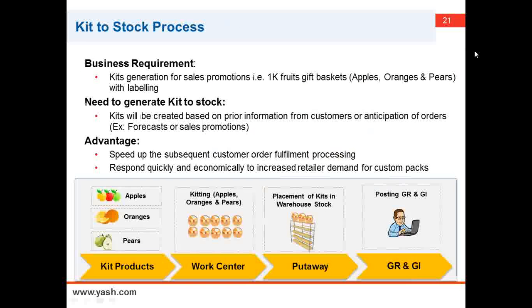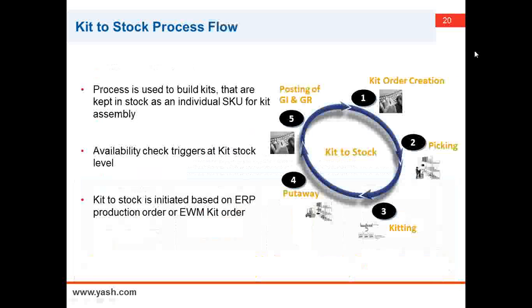A springtime promotion or something that we need to put these kits together for. And then the downstream process is very similar. We're adding another step where we're putting those kits away back into inventory so that they're available to be sold for a resulting goods issue and goods receipt.